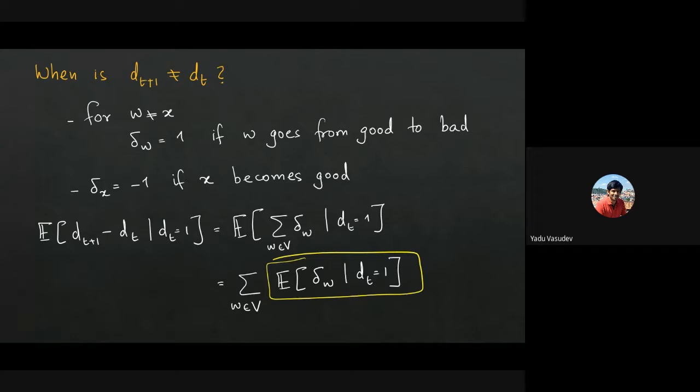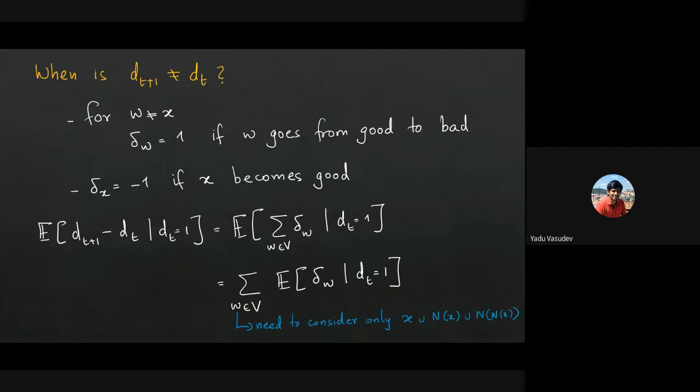What we have just seen from our earlier discussion is that the w's we are interested in are x, the neighbors of x, and the neighbors of the neighbors of x. These are not the only ones that can change, but they are the only ones that will be involved in changing this difference.